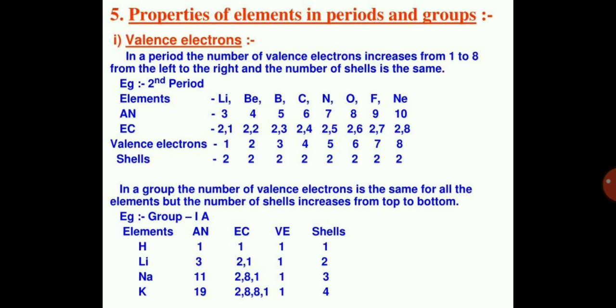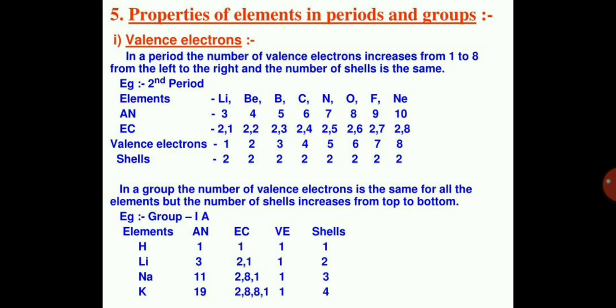So what were the properties of elements? The first is the valence electrons. In a period, the number of valence electrons increases from 1 to 8 from left to right, and the number of shells is the same. See, in the example, the second period. Valence electrons means the electrons in the outermost shell of an element.